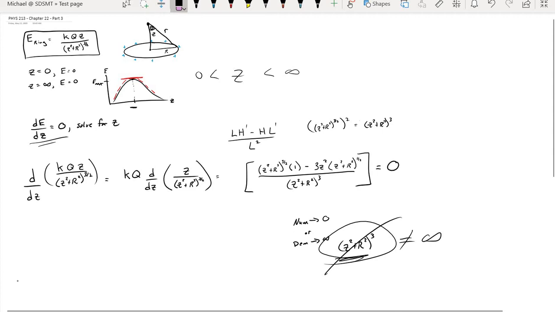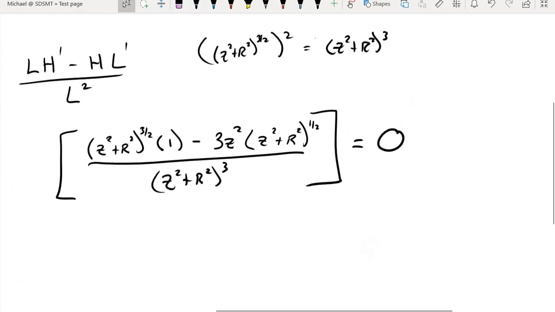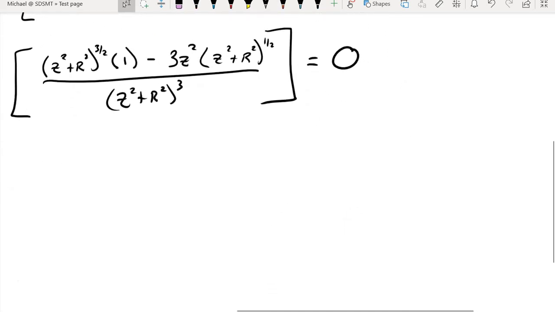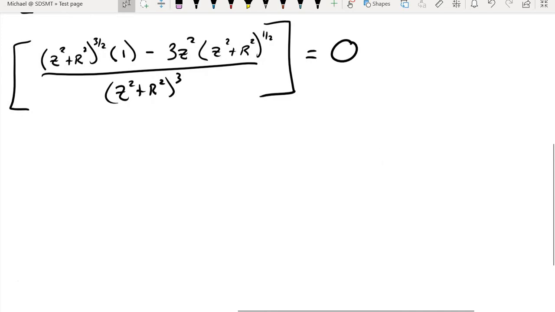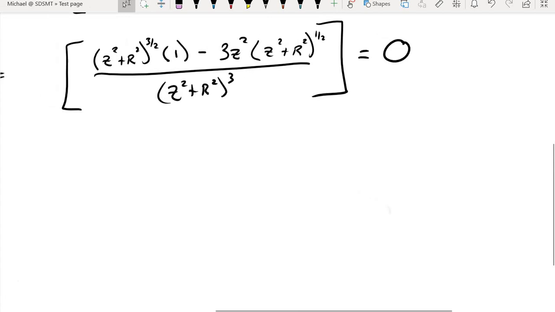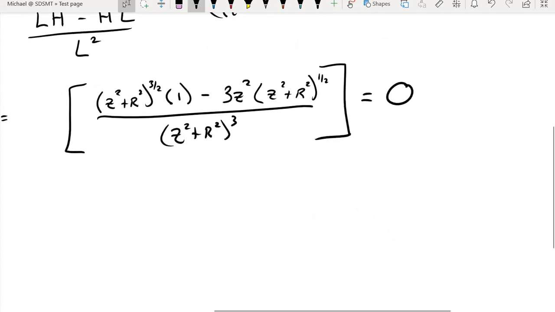But we can actually ensure that that doesn't happen by taking both sides of our expression and multiplying by the denominator.